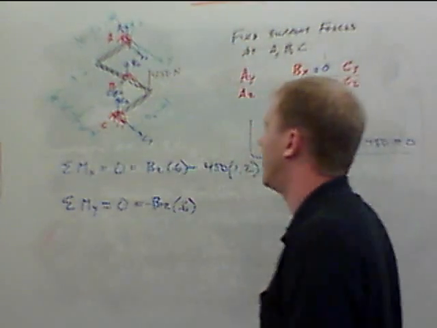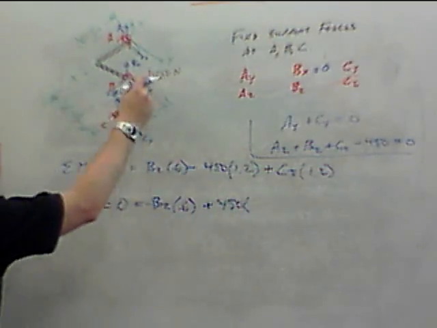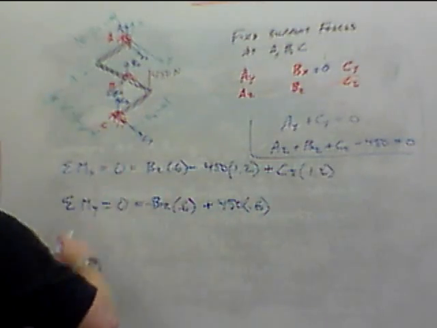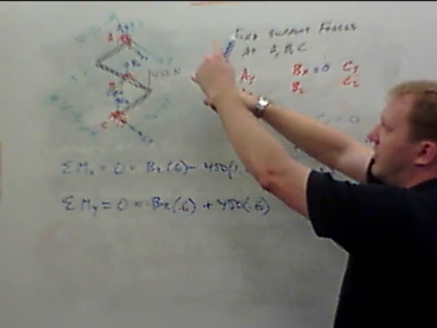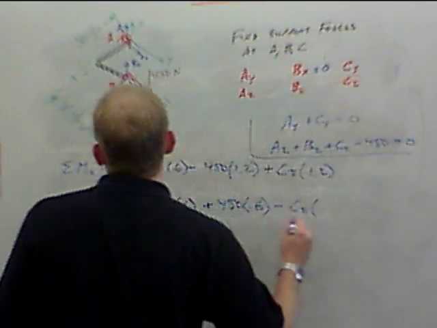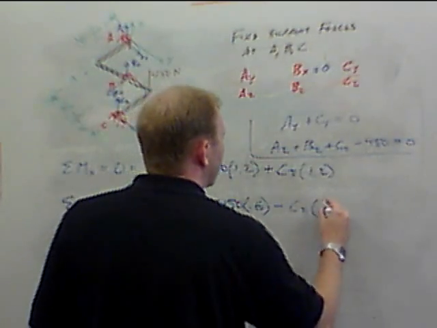That's counterclockwise. So plus 450 times the distance here, which is 0.6. Cz, again, looking from the positive y, is going to cause rotation in the clockwise direction. So that's minus Cz times its distance, which is 0.6 plus 0.4, so 1.